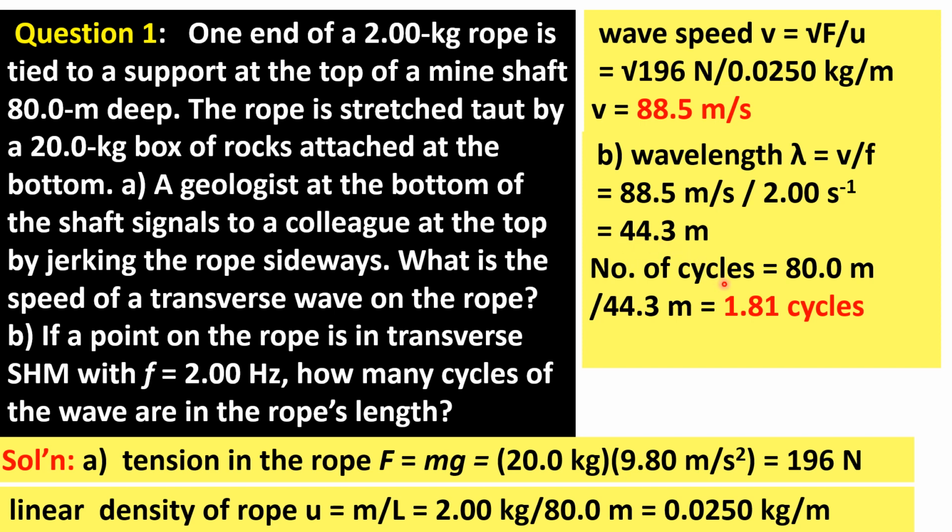Since the length of the rope is 80.0 meters, we divide it by the wavelength, 44.3 meters, and we get as our final answer the number of cycles equal to 1.81 cycles.